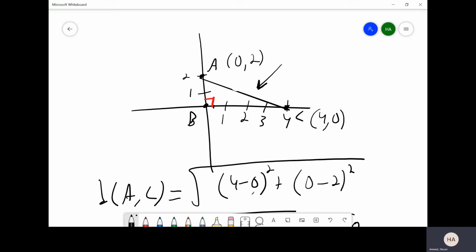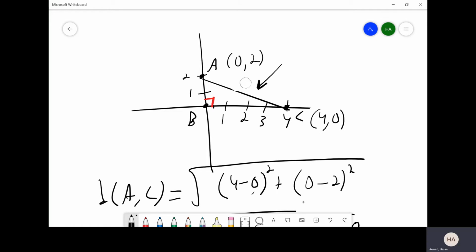And it doesn't matter if you call AB A and BC B or the other way around. So you could call AB A and BC B, or you can call them vice versa, AB B and side AC as A. Either way, it doesn't matter as long as, once again, you remain consistent and you understand that this side is always going to be side C because it's opposite the right angle.